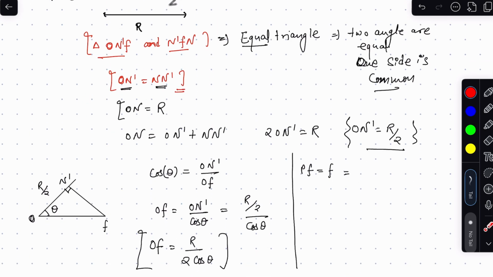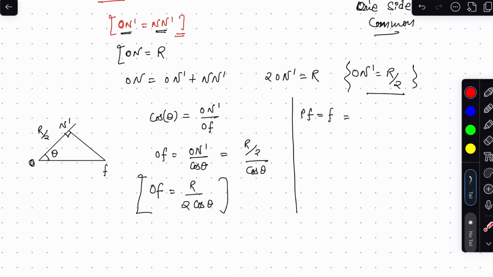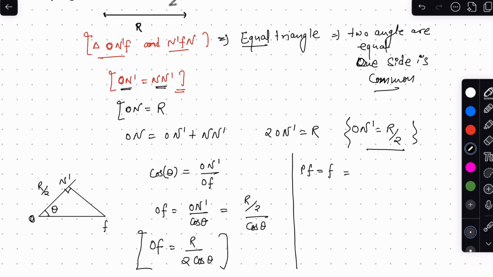So the remaining one is this complete minus this much, right? So PF is equal to F, which is equal to R minus R by 2 cos theta. So this is the PF value.